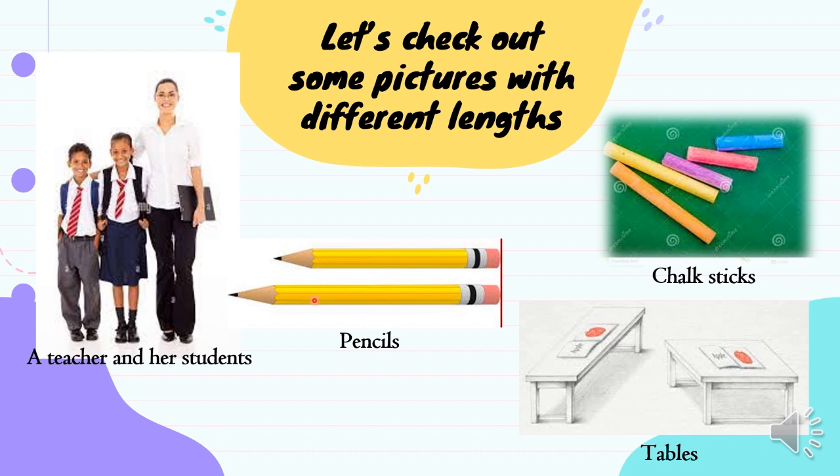Which is the longer? You have a longer one and the short one. I have chalk sticks. I have some that are long and the shorter ones. Then I have tables. Comparing these 2 tables, you could see the longer table and the shorter table. So that's how you also have different objects around you with different lengths.